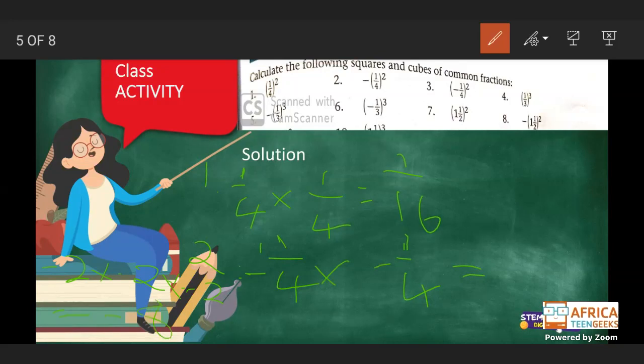But if you only had negative 2 multiplied by negative 2, then your answer would be a positive 4 because the negatives cancel each other.